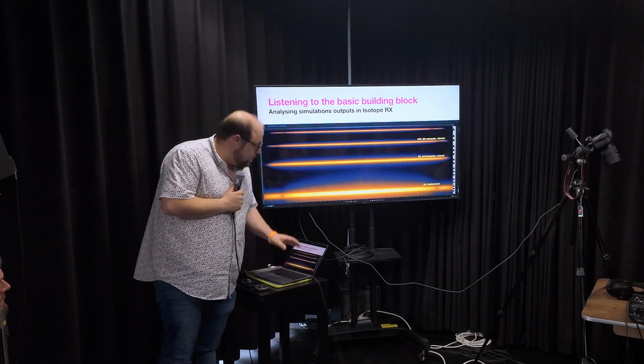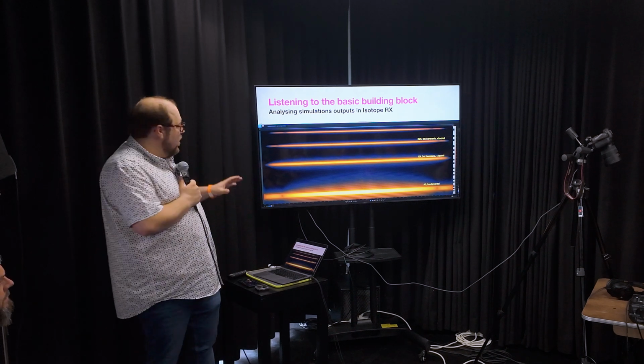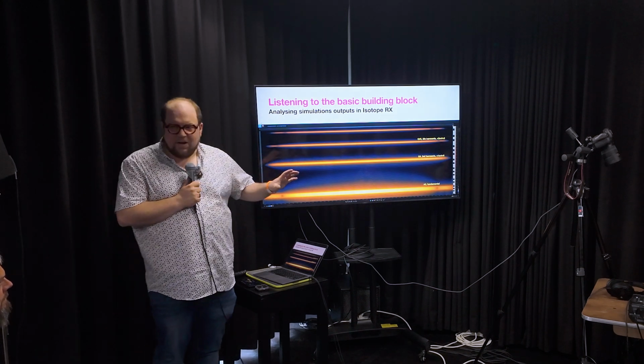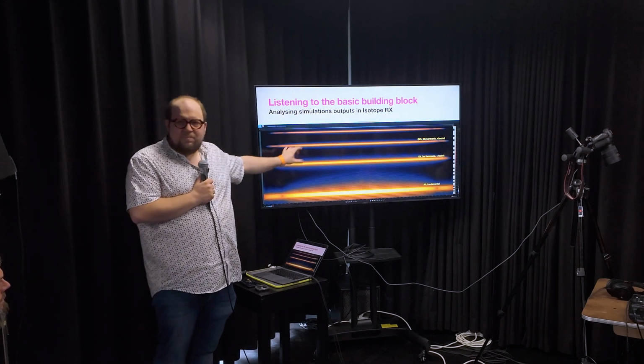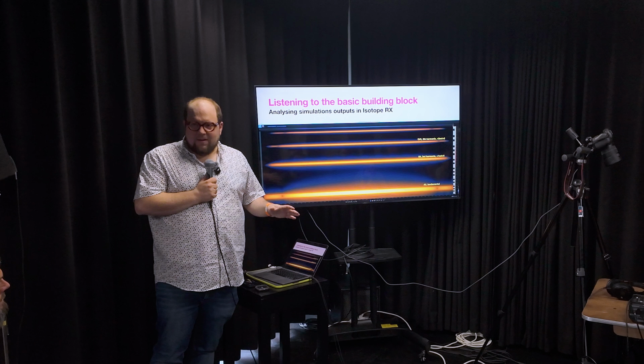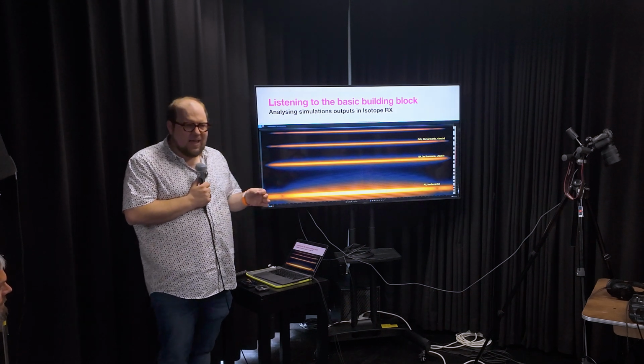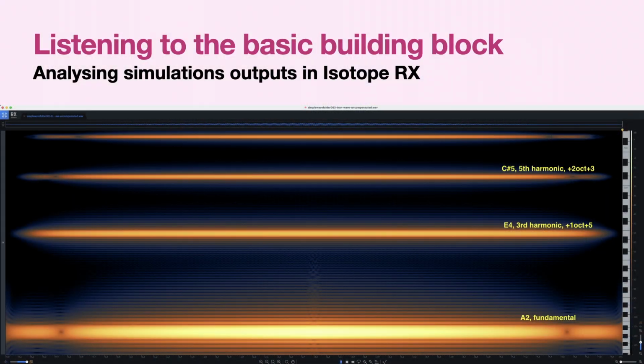Okay, that's still pretty basic, but what's nice about this and unexpected is that you can then put this wave file in software like iZotope RX, and you can start looking at the spectral content in a harmonic context.